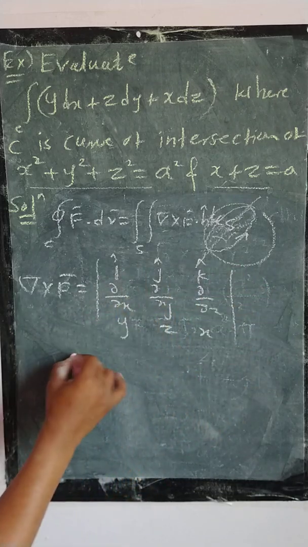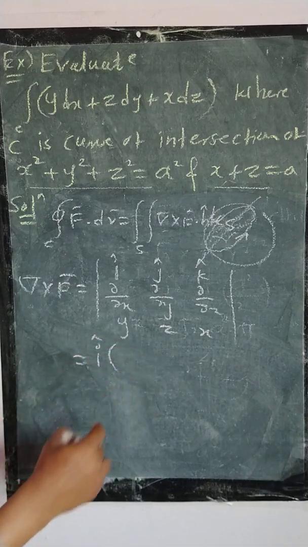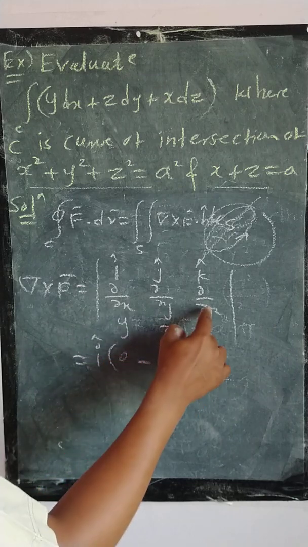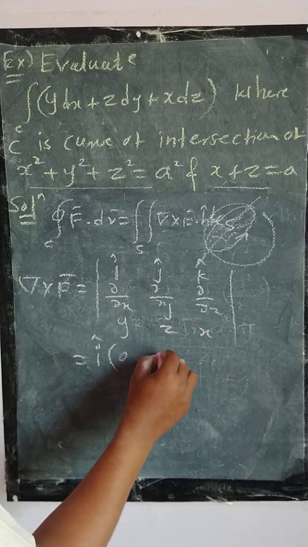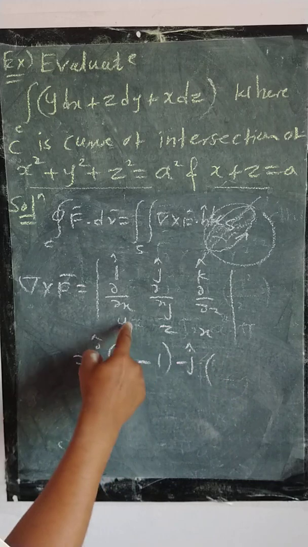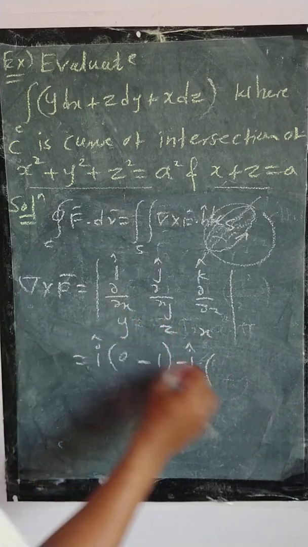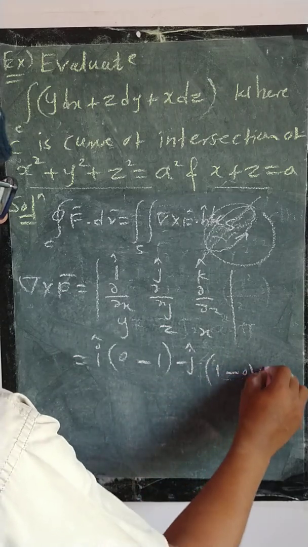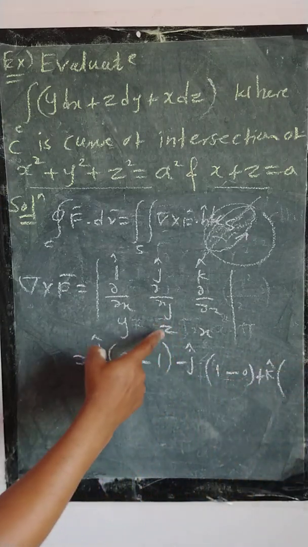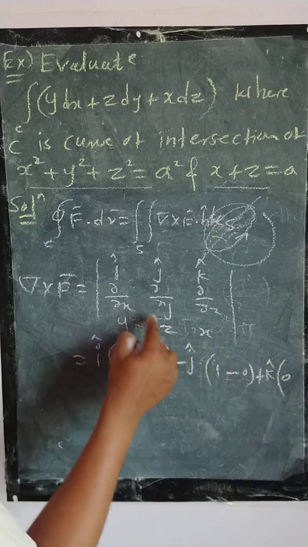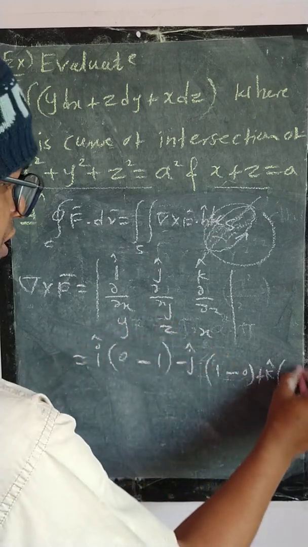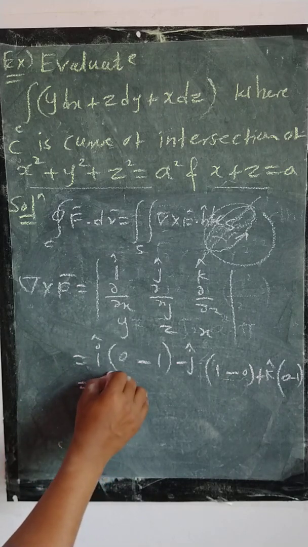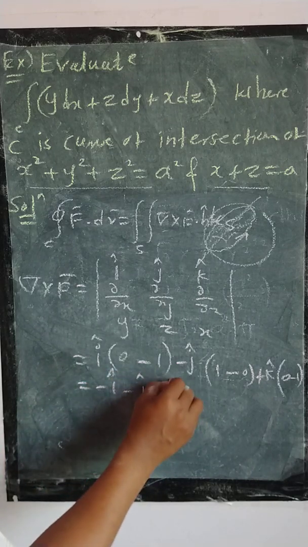When we evaluate this determinant, i cap times (derivative of x with respect to y is 0, minus derivative of z with respect to z is 1), minus j cap times (derivative of x with respect to x is 1, minus derivative of y with respect to z is 0), plus k cap times (derivative of z with respect to x is 0, minus derivative of y with respect to y is 1), so minus 1.